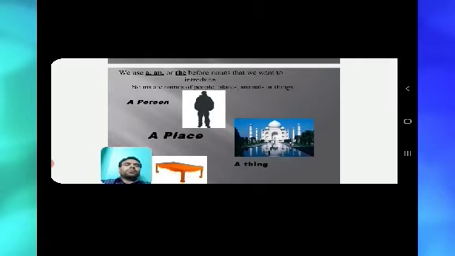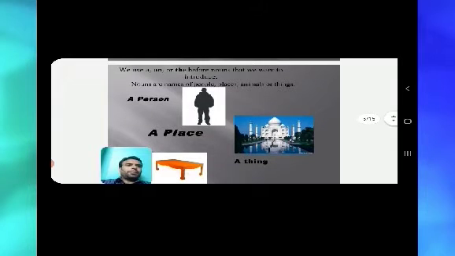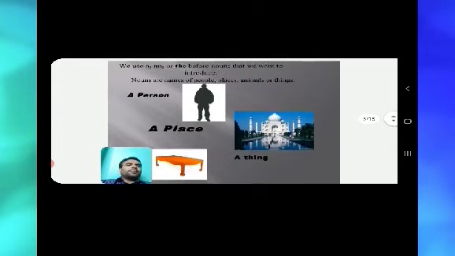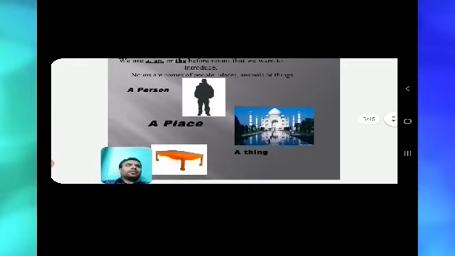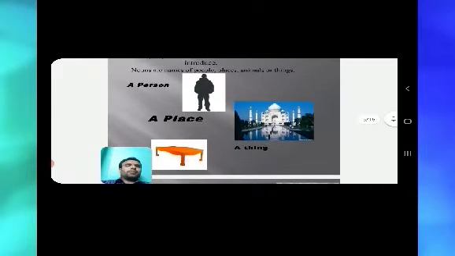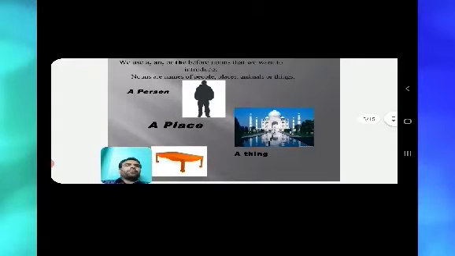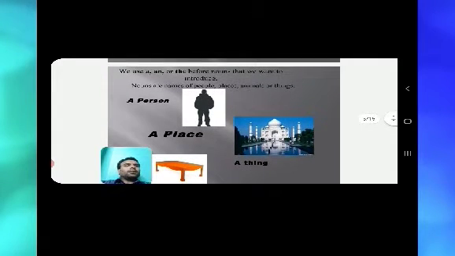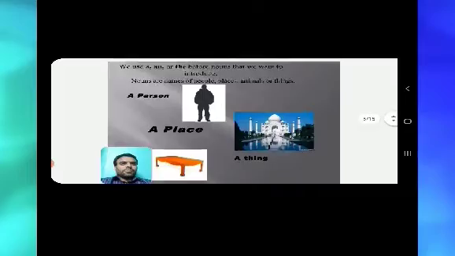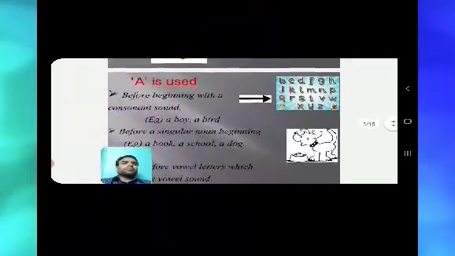As you know, what is a noun? Nouns are the names of people, places, animals, or things. Like here: person, place, thing. As a thing, a table has been given; as a place, the Taj Mahal; and a person's picture. So these all come under nouns. Let's move to the next one.